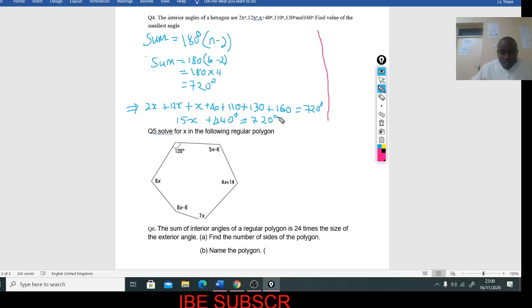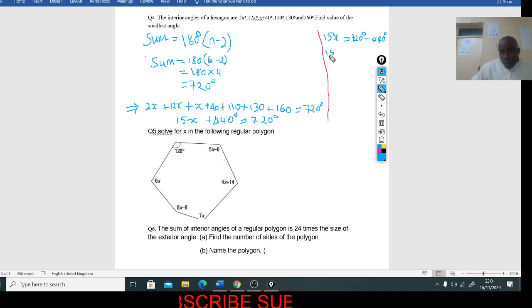So I can take this to the other side, so that 15x equals 720 minus 440. 720 minus 440 gives you 280.